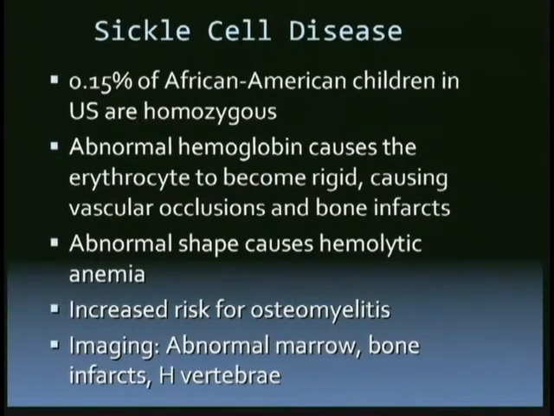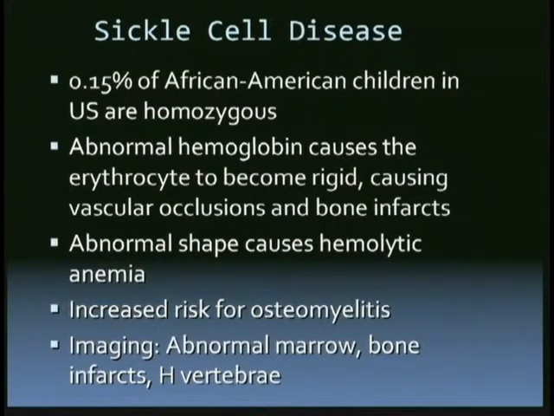Sickle cell disease is also not infrequently encountered. 0.15% of African American children in the US are homozygous, and that abnormal hemoglobin causes the erythrocyte to become rigid and causes vascular occlusions and bone infarcts, and that can cause hemolytic anemia.